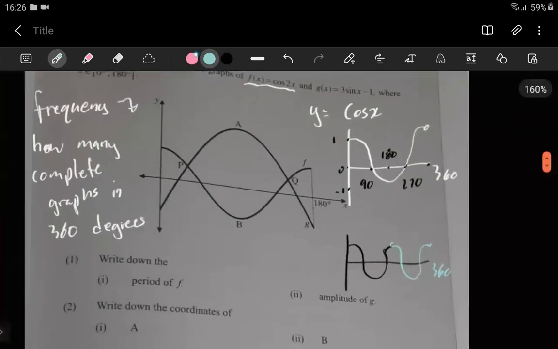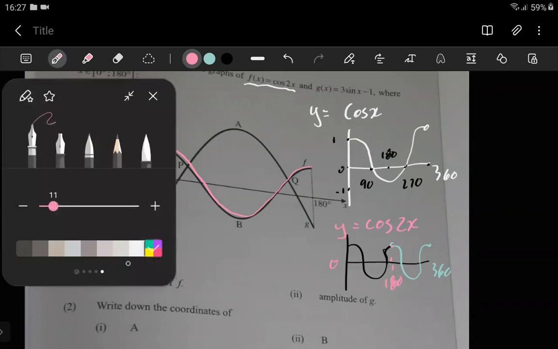Meaning halfway through, you would have a complete graph. Between 0 and 180, that's all you will need to get a full graph, which is the image we're seeing here. From 0 to 180, we have a full graph. Now, because the frequency here would be 2, we can just use our theory.